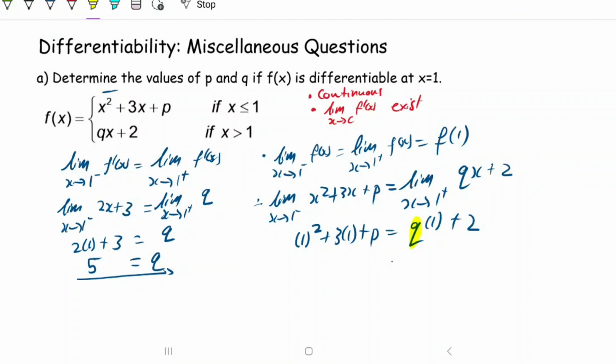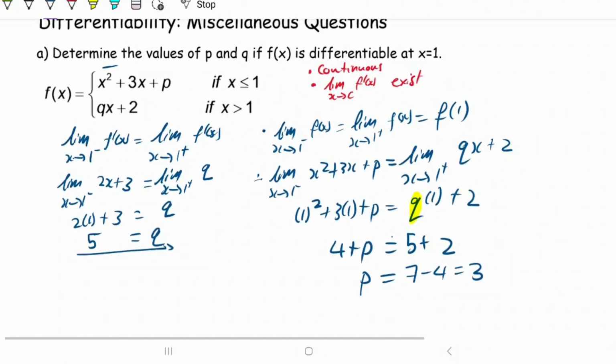So we will sub in q as 5. So now on this side, I've got 5 plus 2. On this side, I've got 1 plus 3, which gives me 4 plus p. And once I've got 4 plus p, I can take everything to the other side, and I can easily work out that p is going to equal 7 minus 4, which is therefore equal to 3.